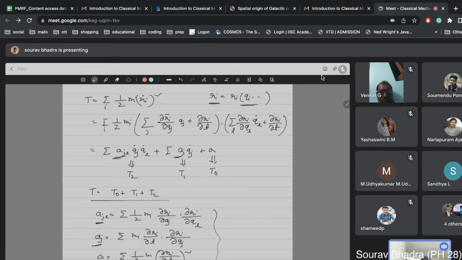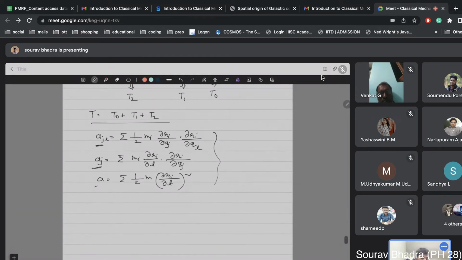Now using this procedure, we will try to calculate the kinetic energy of a particle which is not acted on by any force and is in Cartesian coordinates. That is the simple particle problem.